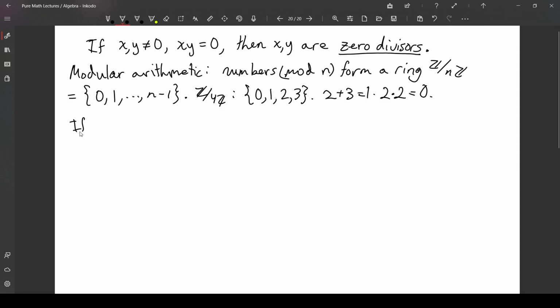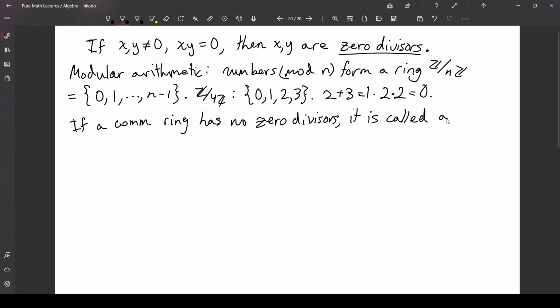Okay. If a commutative ring has no zero divisors, then it is called, there's a lot of terminology here. I usually call it an integral domain.